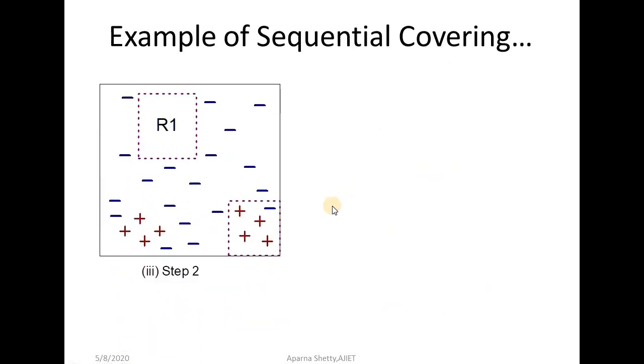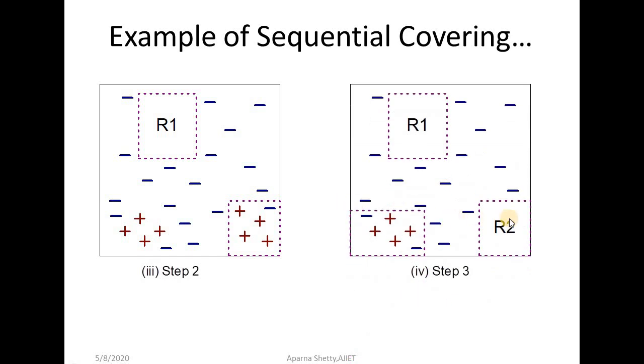Similarly, once you generate the next rule R2, we have to remove the records that are classified by rule R2. So as we generate each rule, we will remove the records from this data set that are triggered by that rule or that are classified by that rule. And finally we will generate an empty rule, or a default rule.